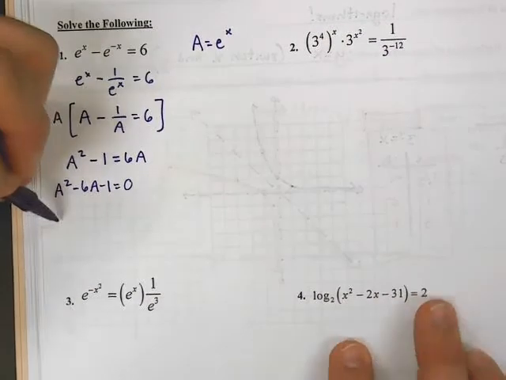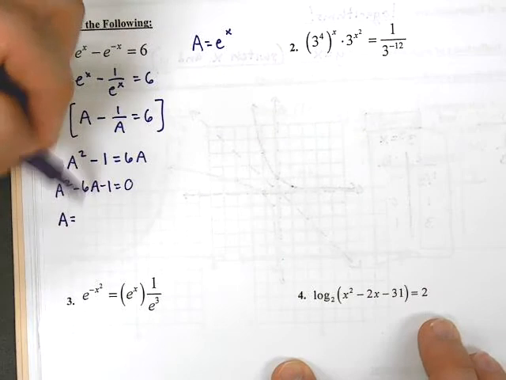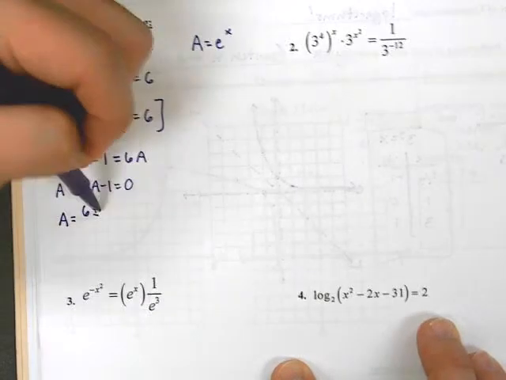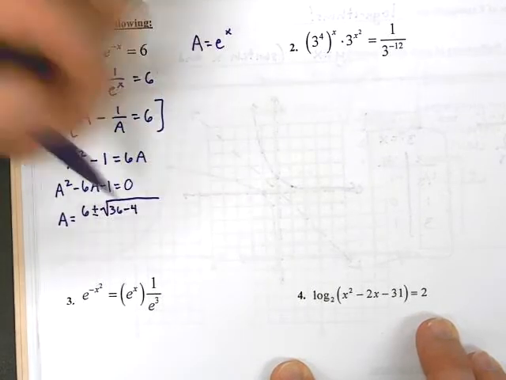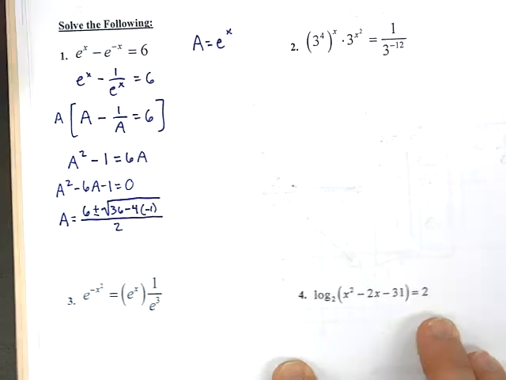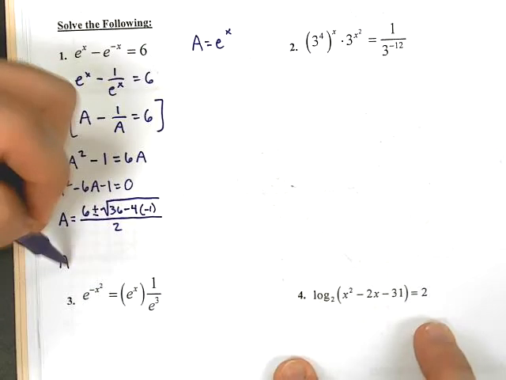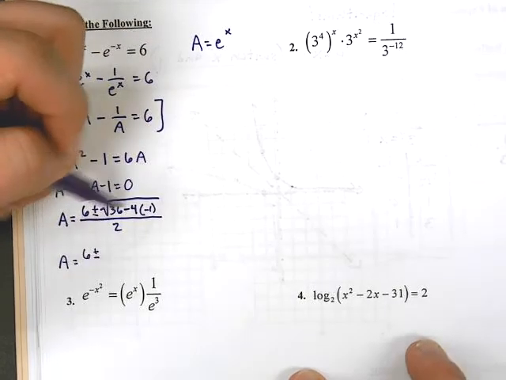which means we have to do our favorite, you guessed it, quadratic formula. Alright, so a is going to be equal to opposite b, so positive 6 plus or minus square root of b squared, so 36, minus 4 times 1 times negative 1, all over 2. Keep cleaning. A is equal to 6 plus or minus the square root of 40.